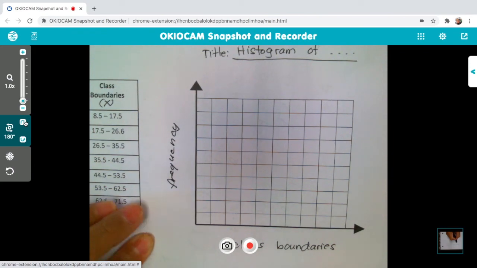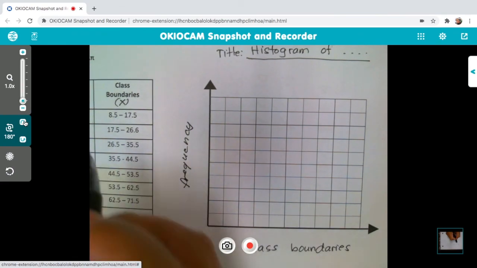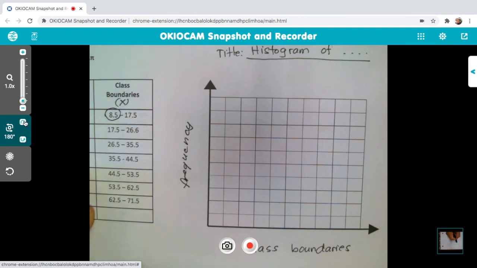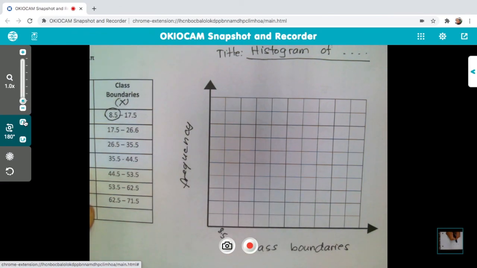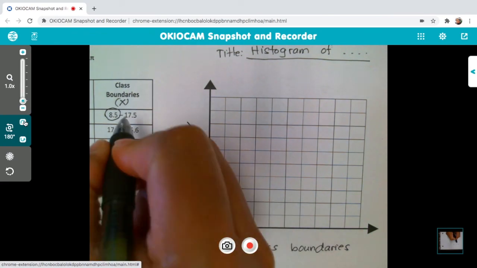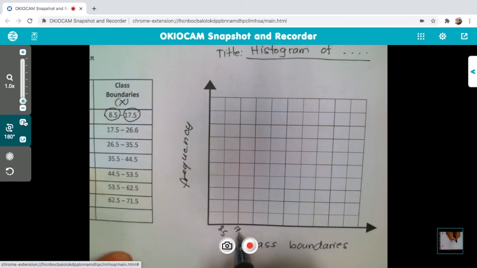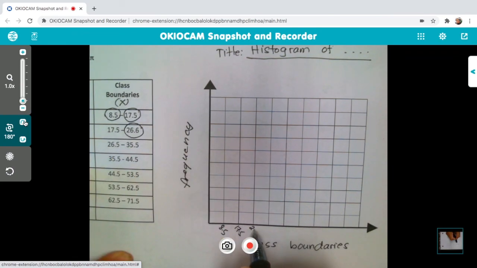So again, we can make use of the class midpoint or the class mark, but let's use the class boundary first. Now, what is the lowest class boundary? The lowest class boundary is 8.5. So let's put 8.5 here. Next is 17.5. After that, 26.5.